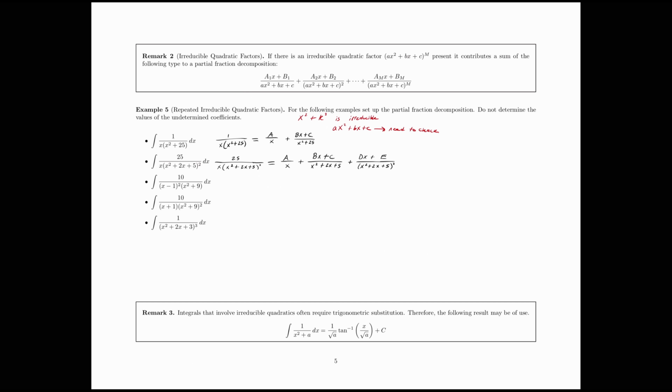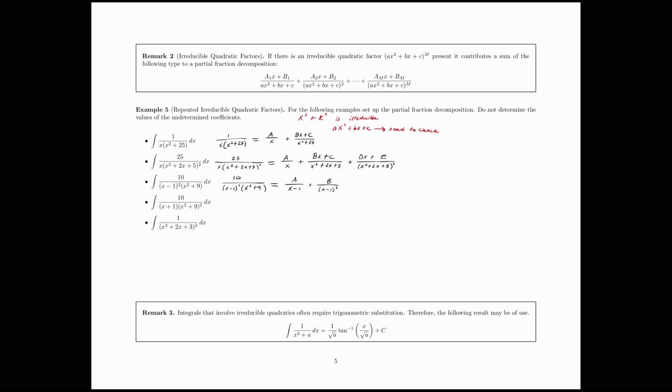Okay, so moving on, we've got x minus 1 squared, which is a repeated linear factor, and x squared plus 9 is an irreducible quadratic. So the repeated linear factor will contribute a total of 2 terms, like that.